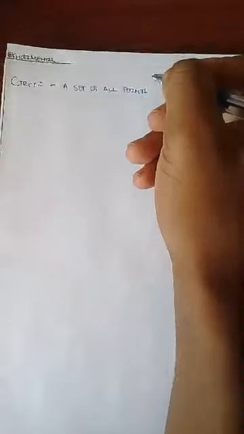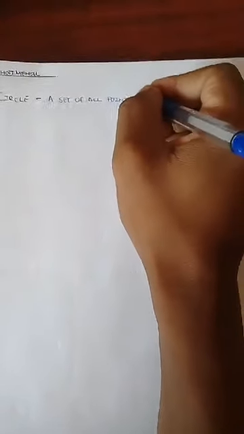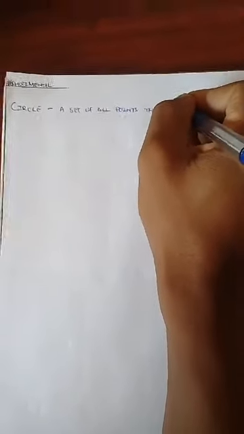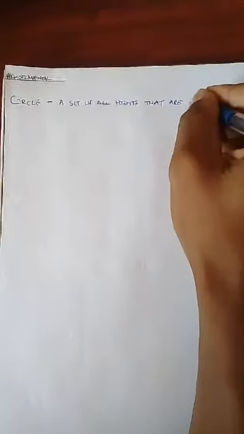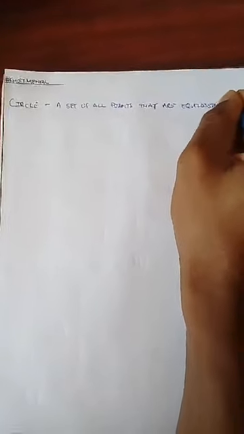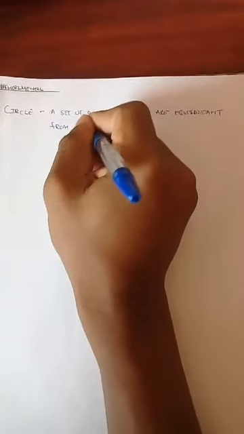So a circle is a set of points, all points that are equidistant from a given center.